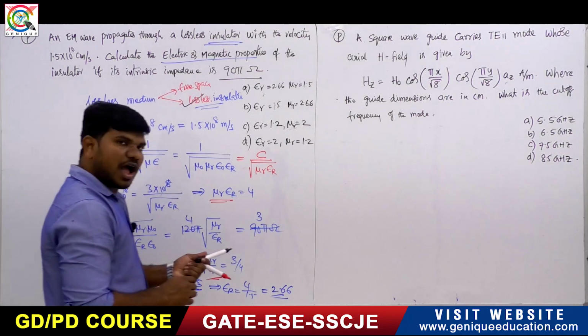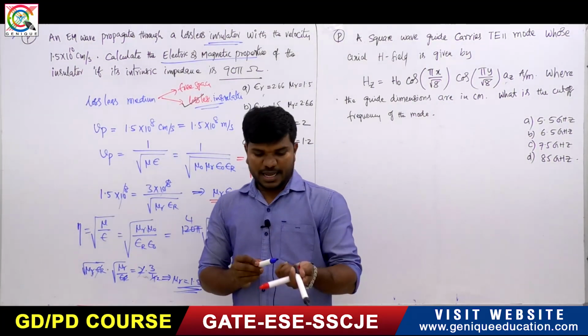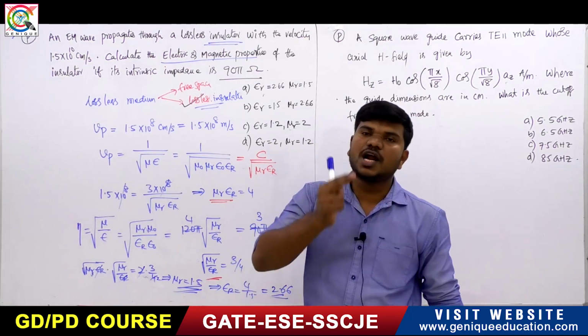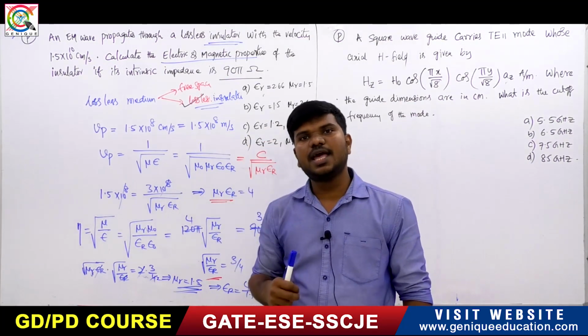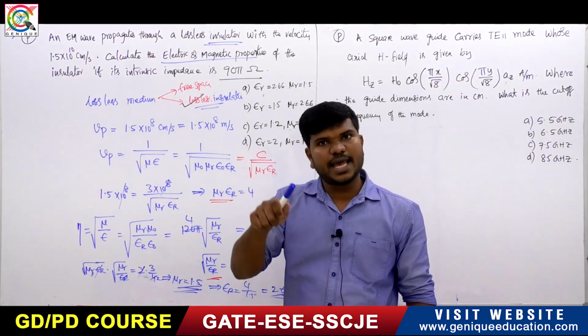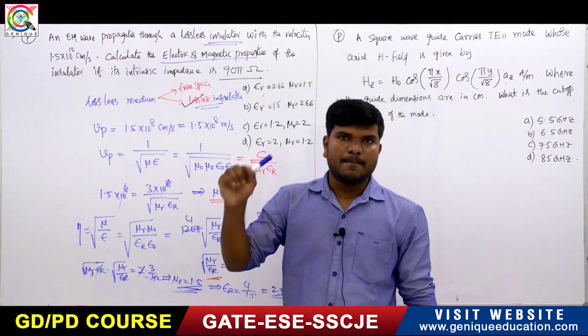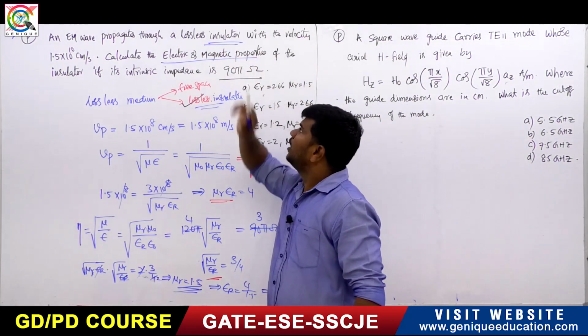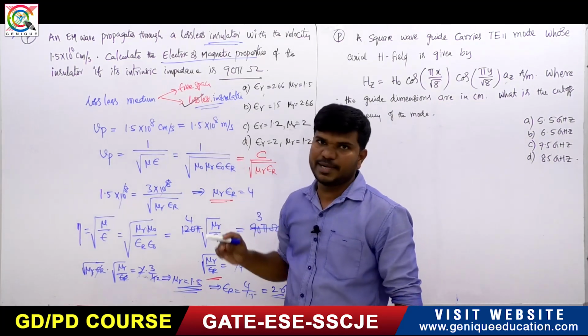It is a common practice that every time we take mu r equal to 1, but he did not specify that it is a non-magnetic material. If it is a non-magnetic material, you can take mu r equal to 1, but it is not there here. He has given that it is a lossless insulator, but it is a lossless medium.